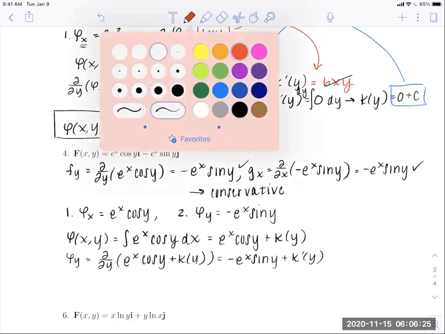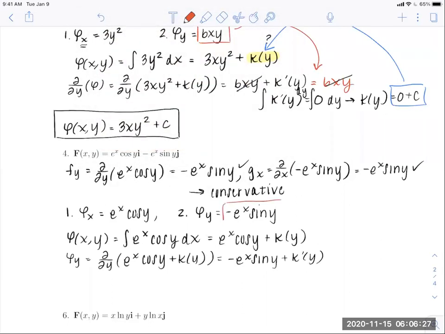Again, I'm going to come back up top and say, well, phi sub y is given by this equation boxed in red, negative e to the x sine of y. So this is how I'm utilizing the information that I get from equation 2.